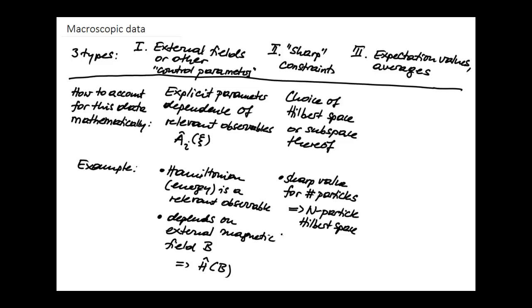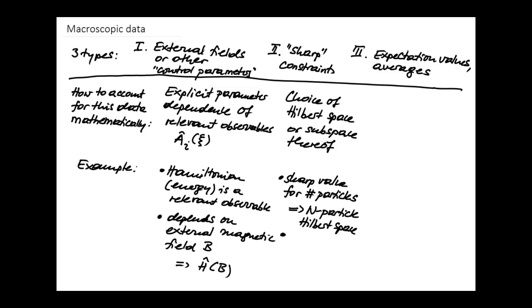It could also be, as a second example, that you have a system which is completely isolated, no form of energy exchange with the outside world, perfectly isolated, so the energy of your system is perfectly conserved, and you are given the energy of the system as a sharp constraint.